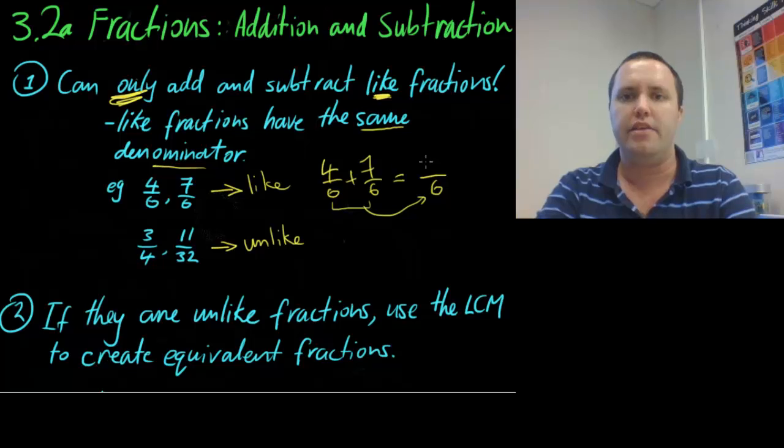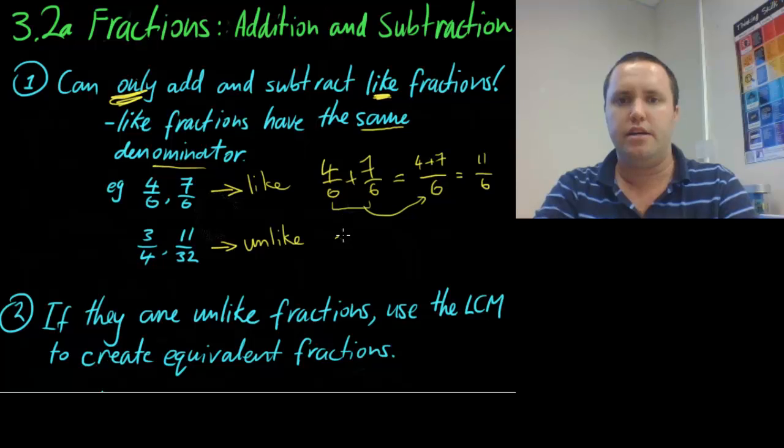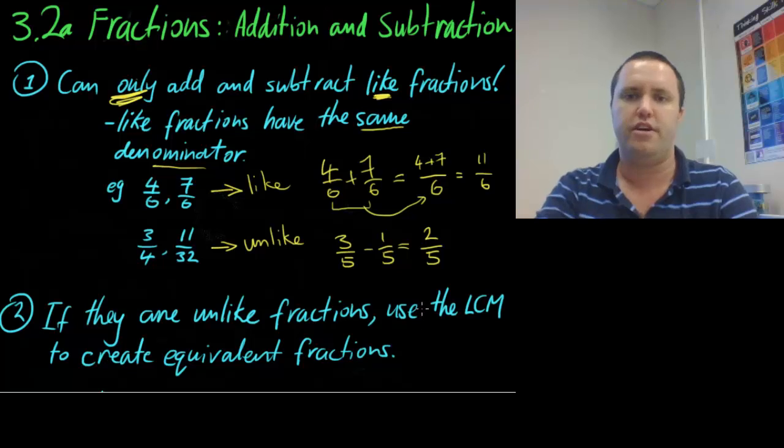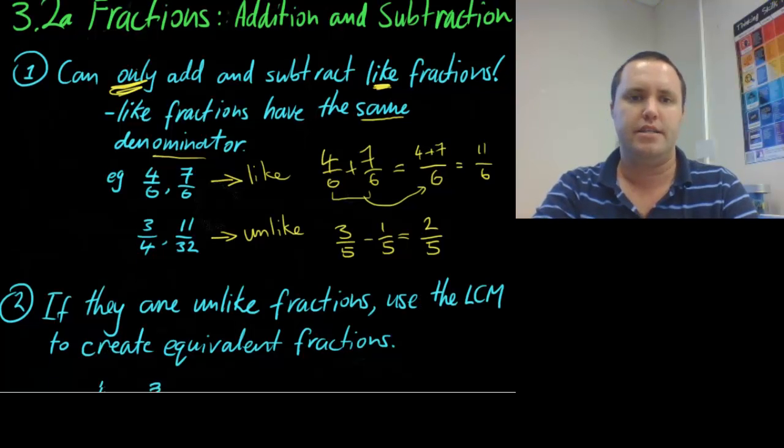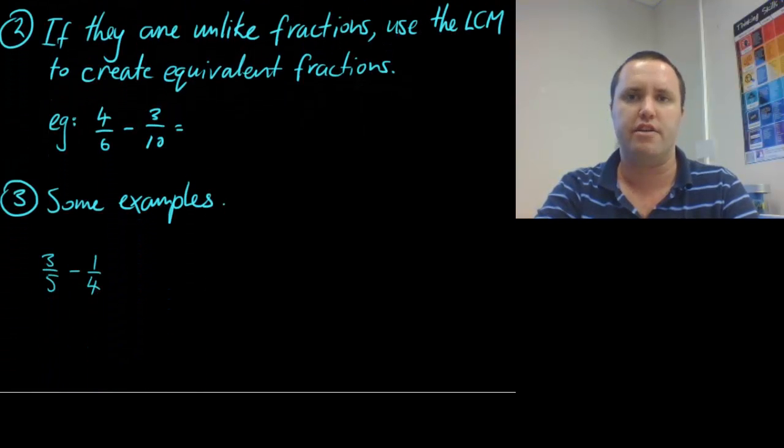And then you add the numerators, so 4 plus 7, which is 11 over 6. Same with subtraction, if you have the same denominator, 3 over 5 minus 1 over 5, we keep the denominator 5, 3 minus 1 is 2. 2 over 5.